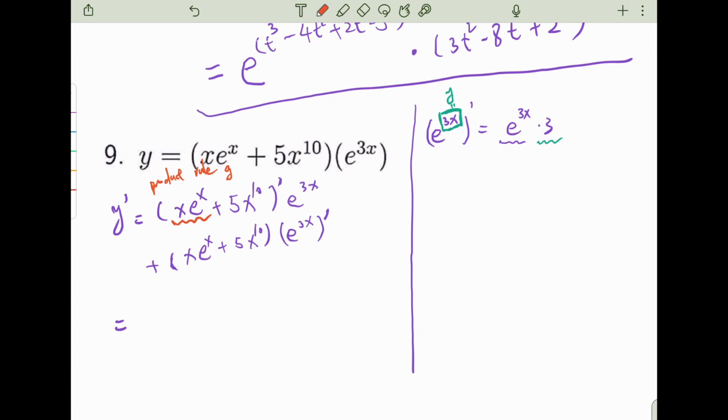Okay. Again. So it becomes the derivative of the first factor, that is x, so that is 1, right? Times the other factor, e to the x. And plus x times the derivative of e to the x, which is e to the x itself, right? This one.